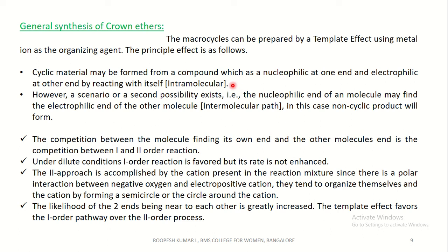However, a second possibility also exists: the nucleophilic end of one molecule may find the electrophilic end of another molecule, which is an intermolecular reaction. In this case, a non-cyclic product will form.